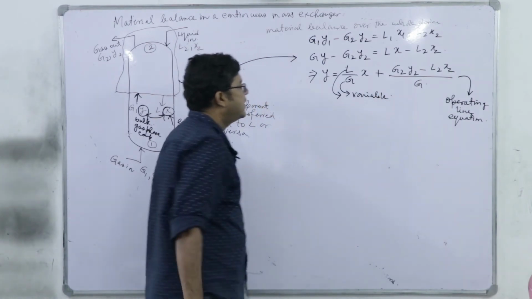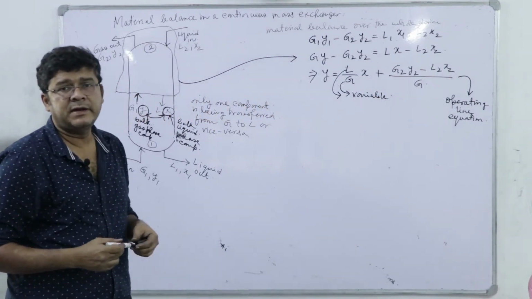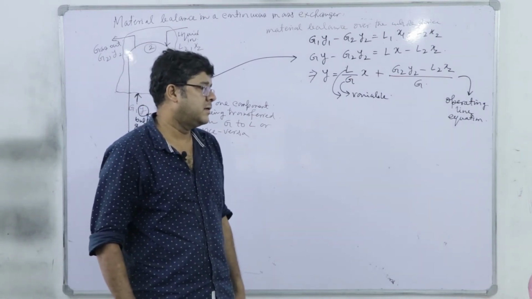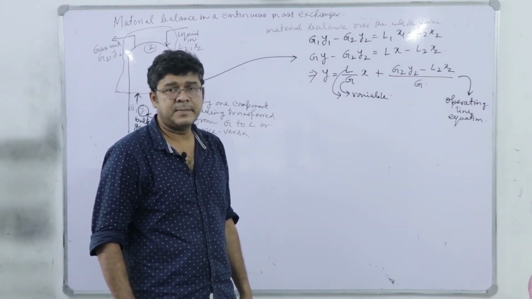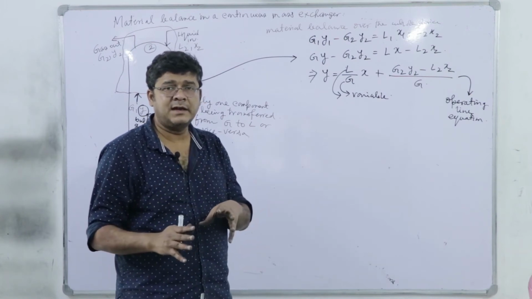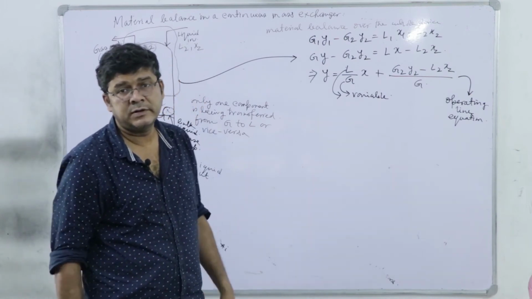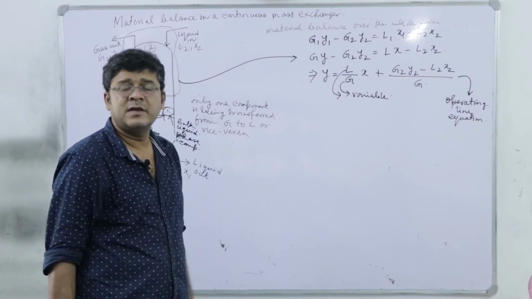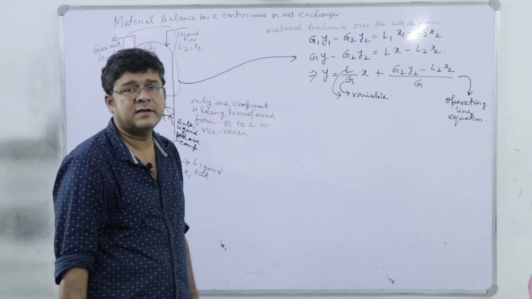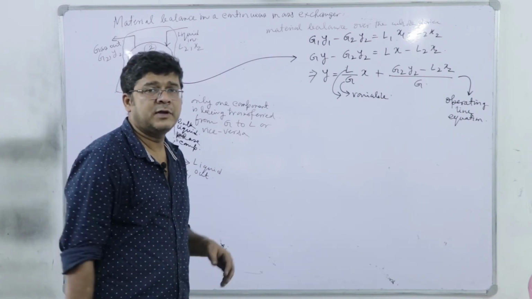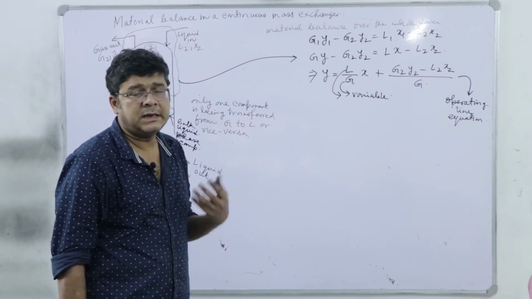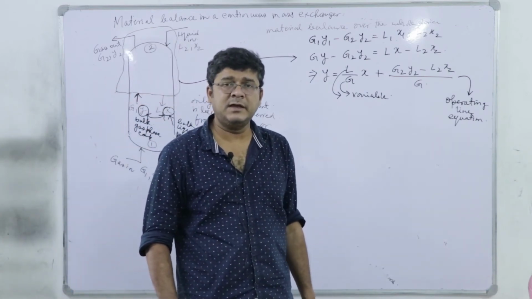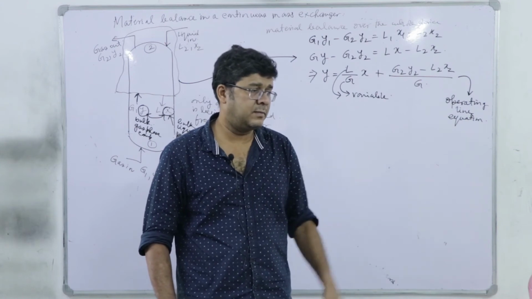Because of the total amount of liquid in terms of its components, one is the carrier liquid, another is the solute. And for the gas the same, one is the carrier gas, another is the solute. Just like the typical example, carbon dioxide plus air, and we are trying to remove carbon dioxide in an absorption tower where I am using tertiary amine as my solvent.